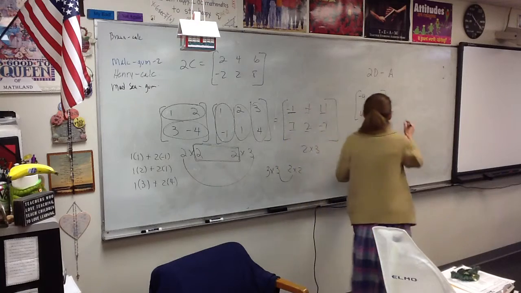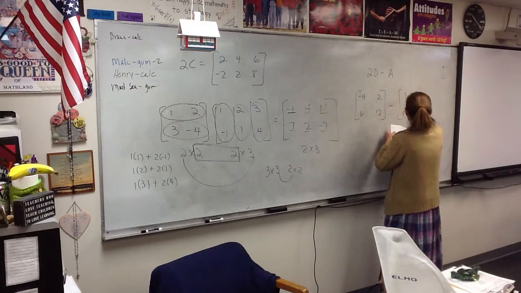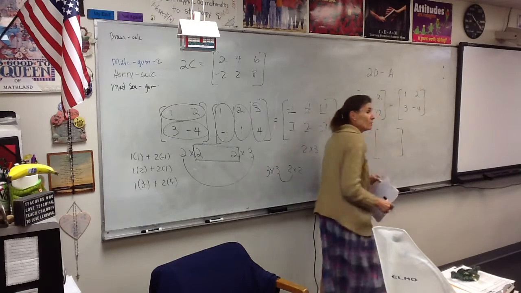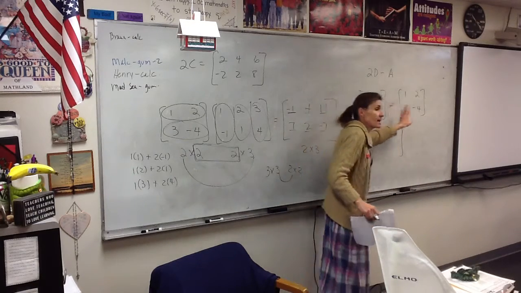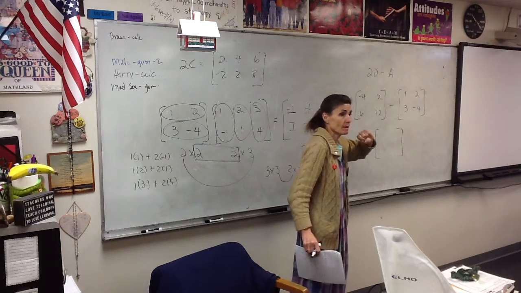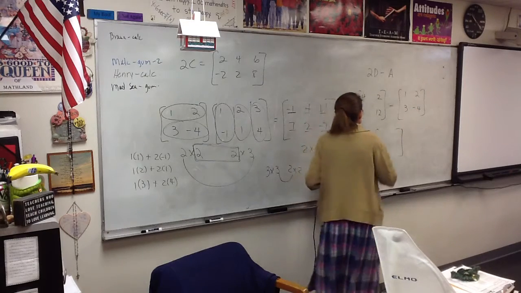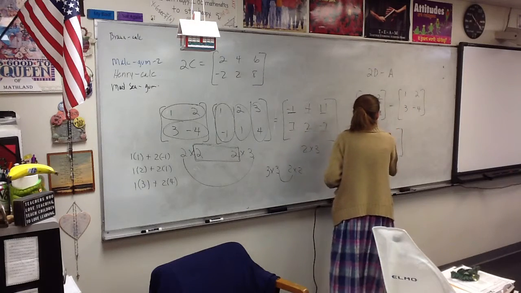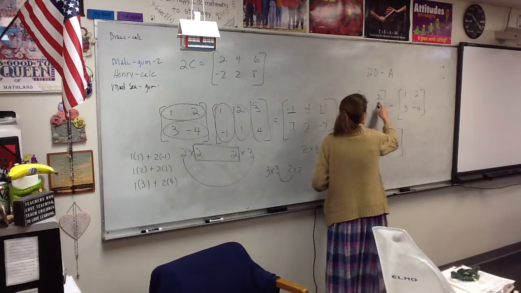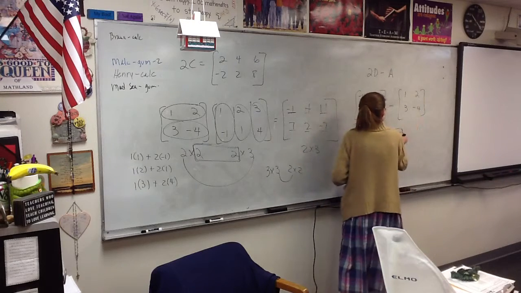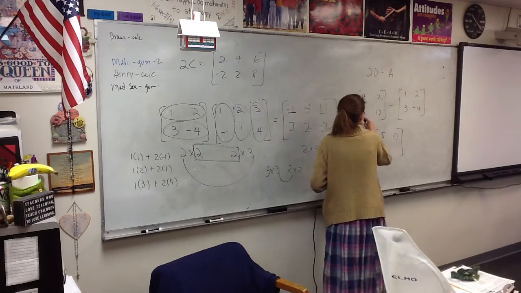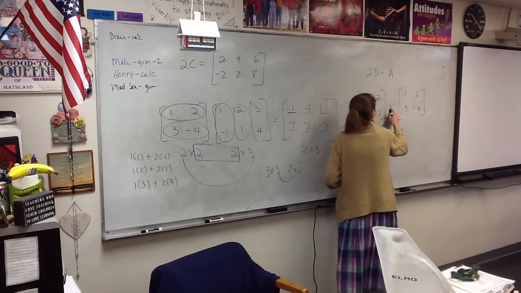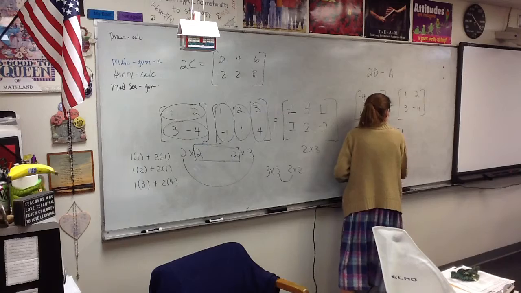And I'm going to subtract A. Now that is doable because these are the same size. Right? So here we go. Negative 4 minus 1. 2 minus 2. 6 minus 3. 12 minus negative 4.